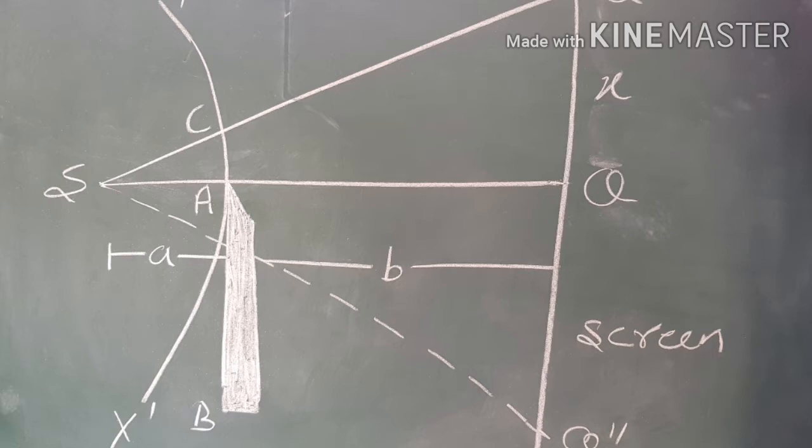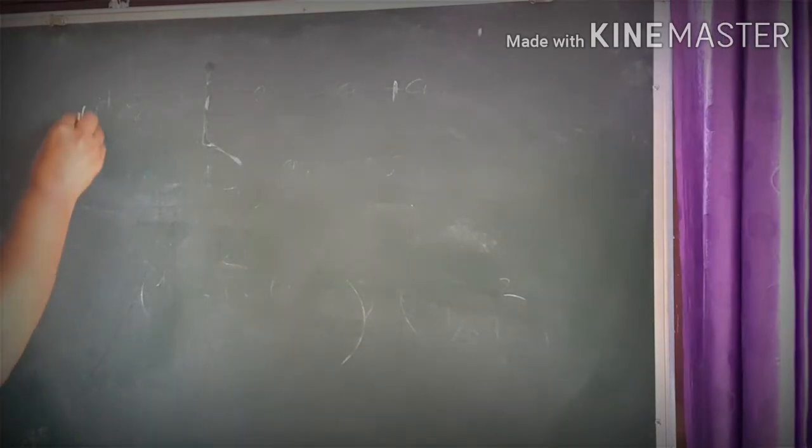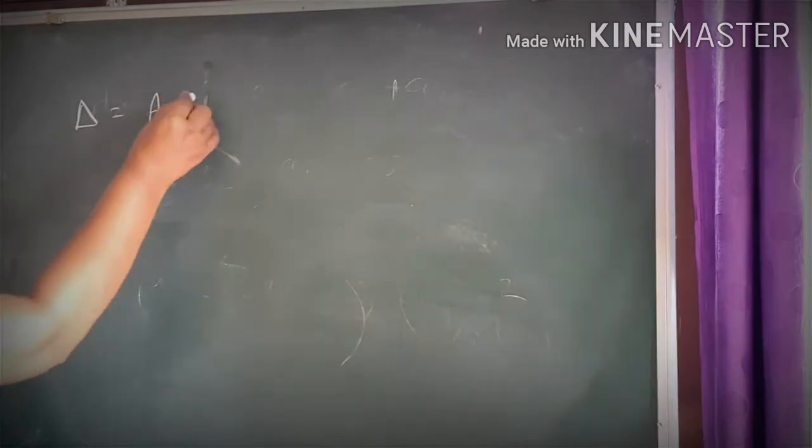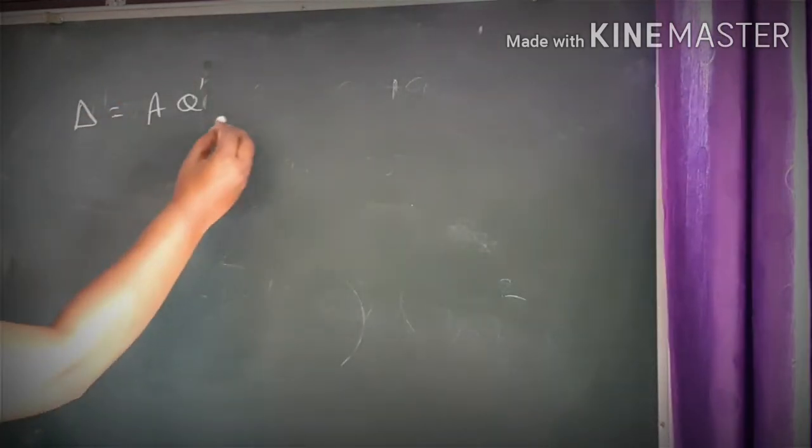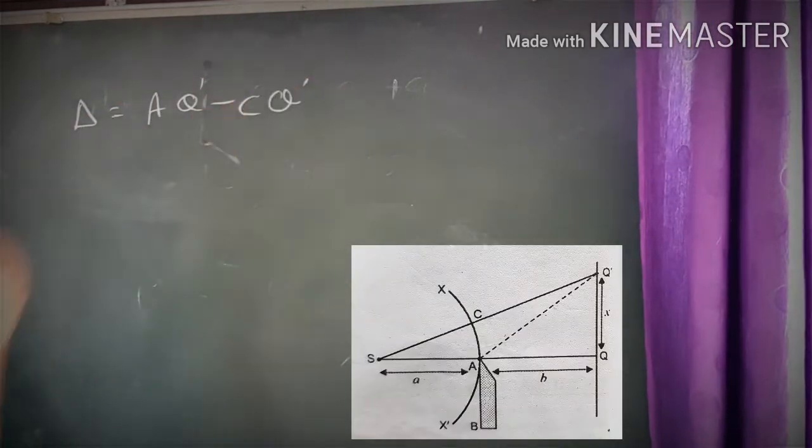For this we have to find the path difference between the rays CQ dash and AQ dash. Path difference is given by AQ dash minus CQ dash.